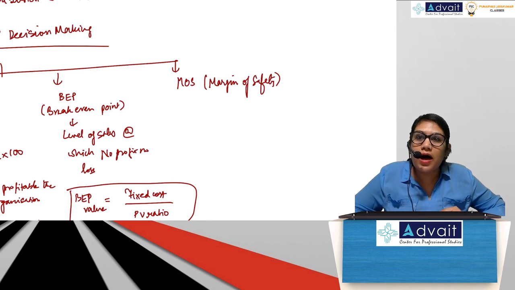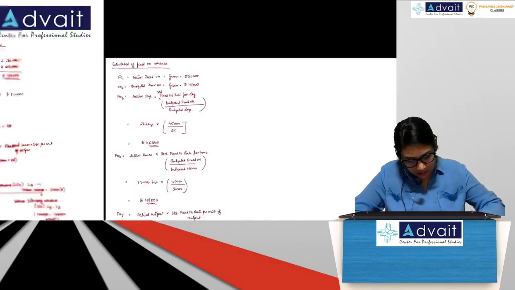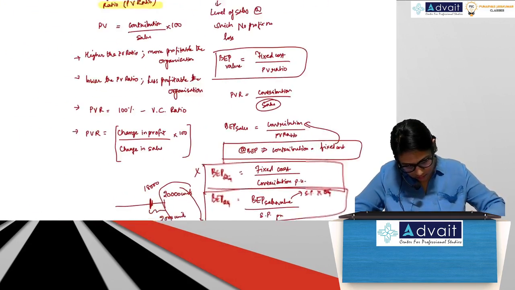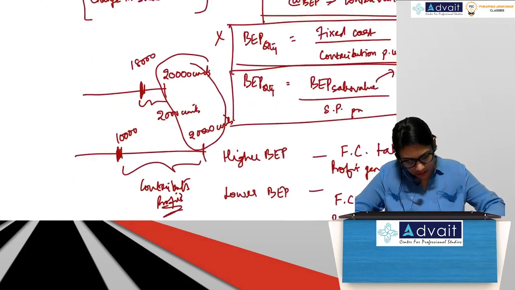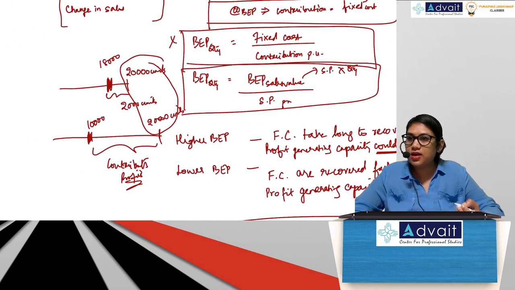MOS or margin of safety. Guys, see this example. I gave you this example just now. BEP was 18,000 in this case, and here it was 10,000.